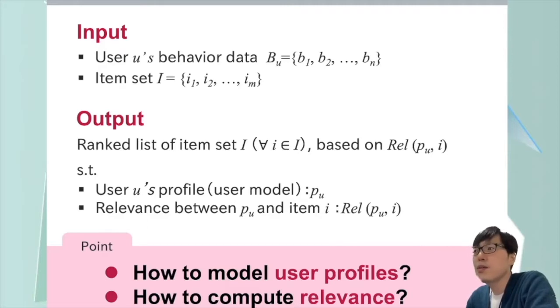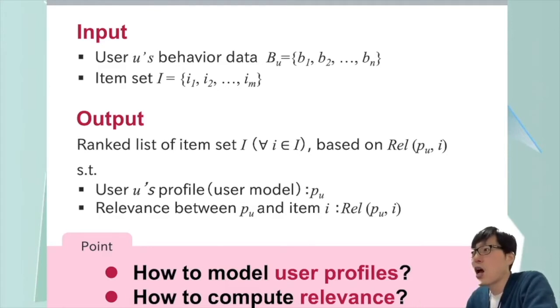Using these input data, recommender systems output a ranked list of items to recommend. The system obtains this ranked list by calculating the relevance between the user profile P and items. Here, the point is how to model the user profile, and the other point is how to compute the relevance between the user profile and item.